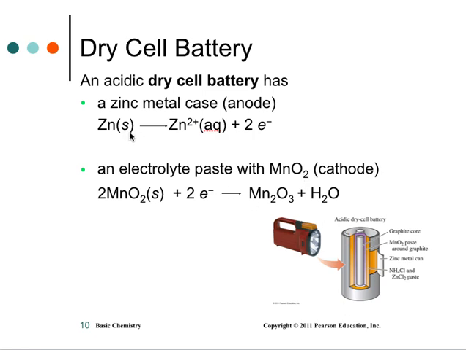So the zinc is going to be eaten away. The zinc is going to turn into zinc ion, and then the manganese is going to be reduced into a different manganese. This is MnO2, and this is Mn2O3. So they have different charges. So the manganese is going to be reduced. The zinc is going to be oxidized.